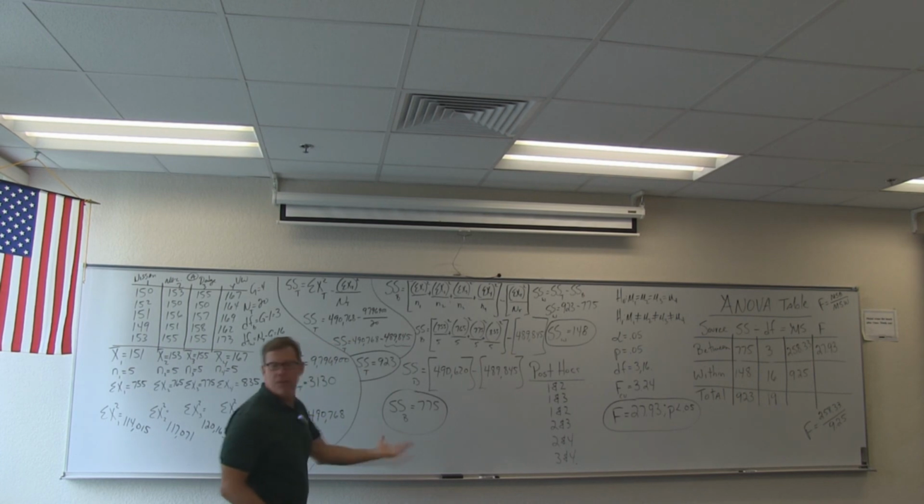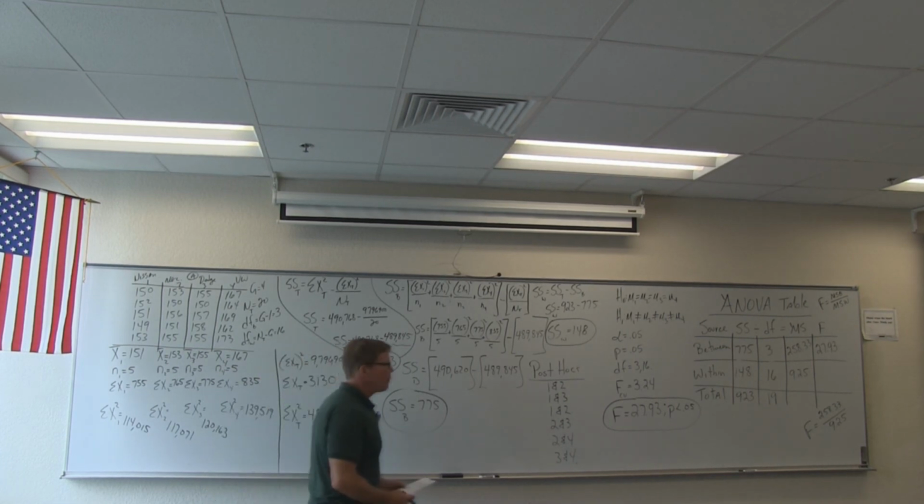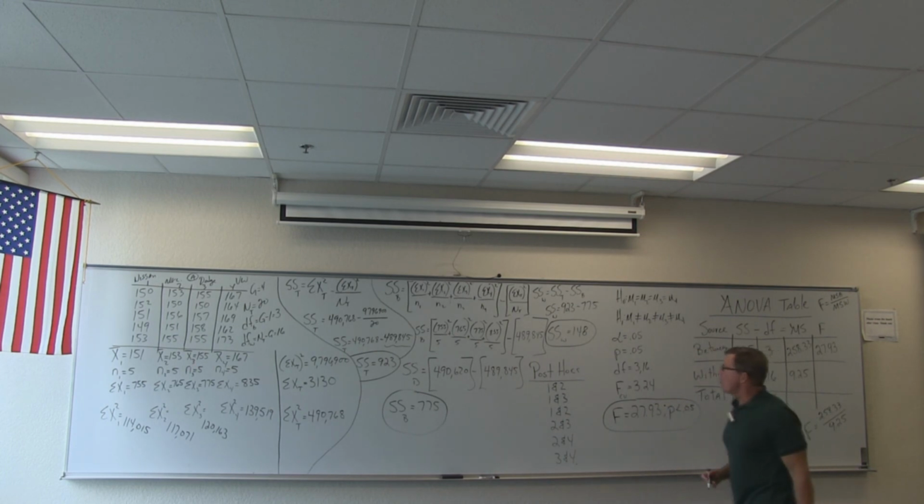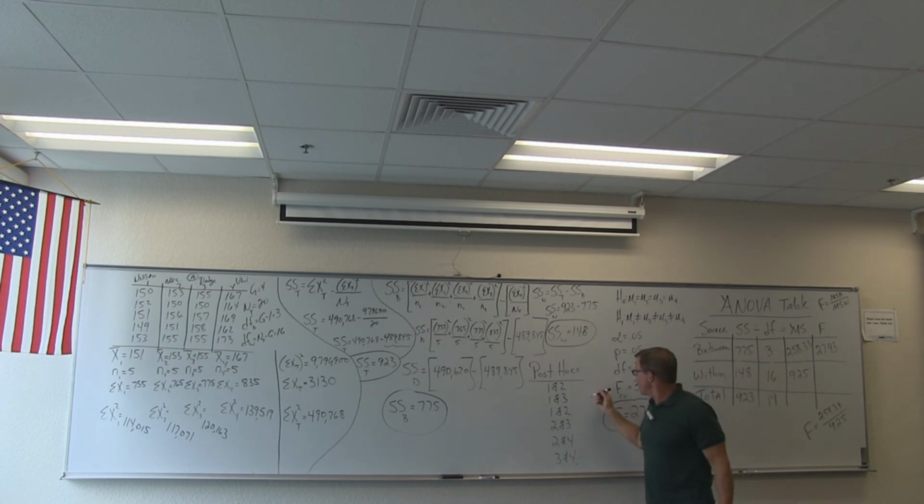Just hypothetically, if we were to run these, you might see a research report that might look like this: NS, NS, NS, NS, asterisk, asterisk, asterisk, notes P is less than 0.05.